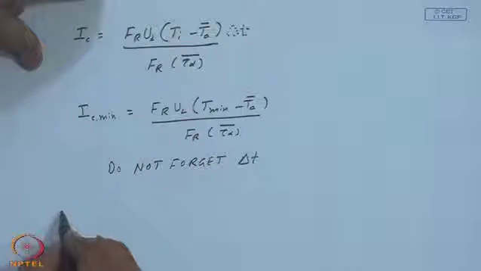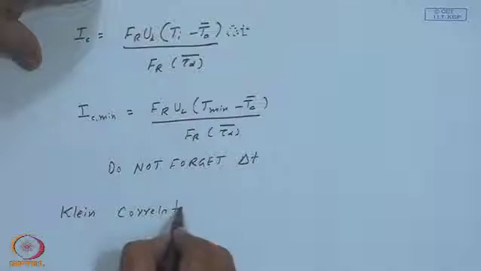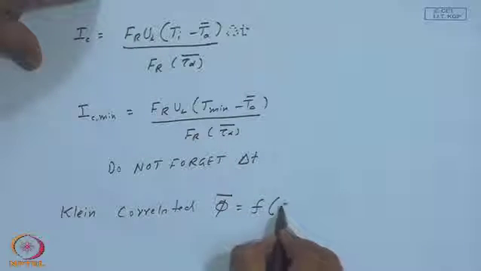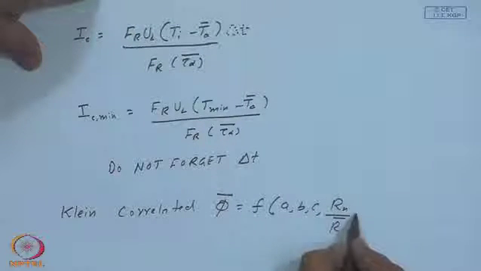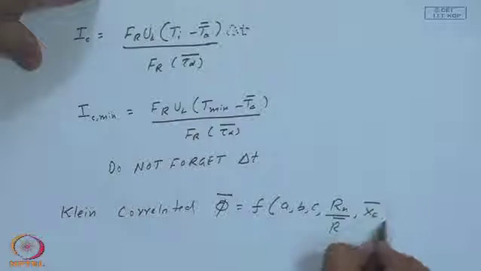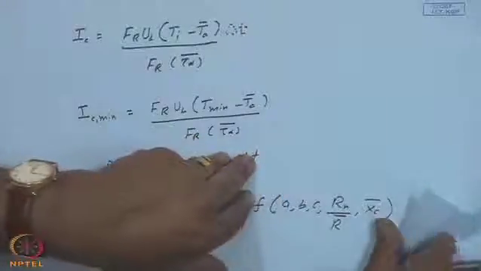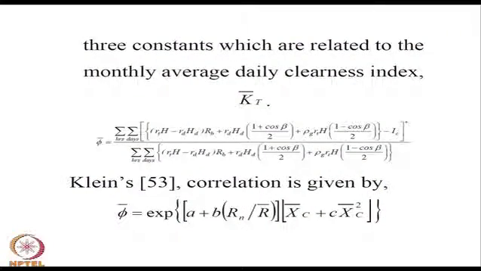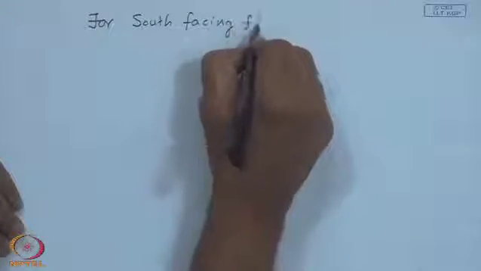So, we have already stated that Klein correlated phi bar as a function of three constants A, B, C and a geometric factor R n by R bar and a non-dimensional critical radiation level x c bar, for south facing flat plate collectors.